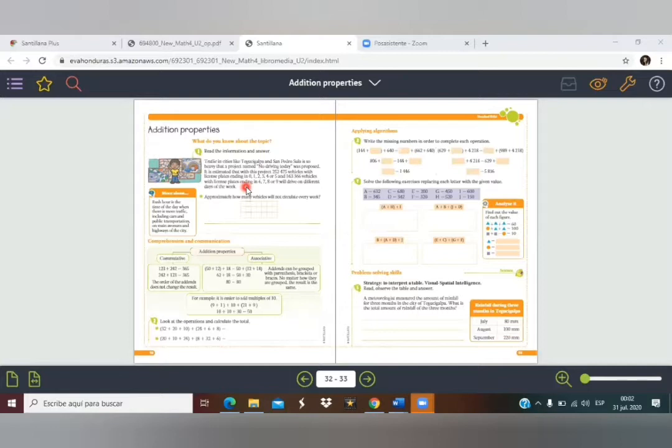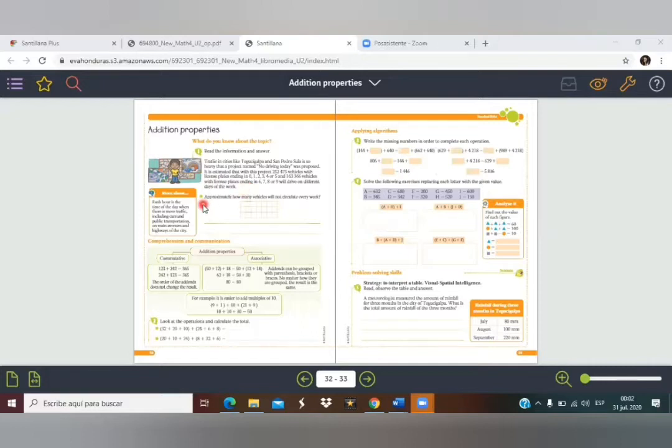It is estimated that with this project, 252,475 vehicles with license plates ending in 0, 1, 2, 3, 4, or 5 and 163,366 vehicles with license plates ending in 6, 7, 8, or 9 will not drive on different days of the week.